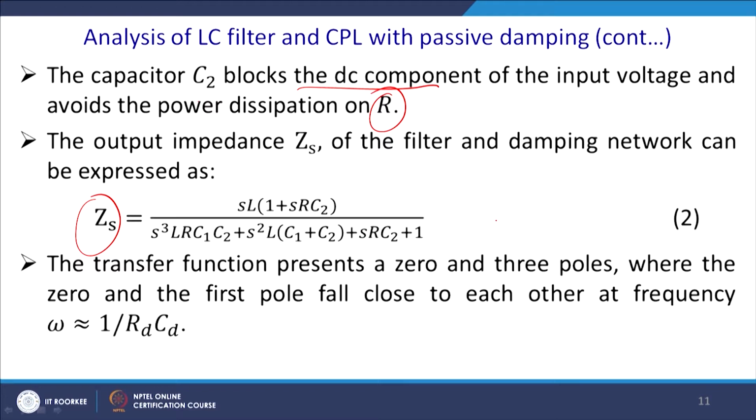The transfer function represents a 0 and 3 poles. So, here you got a 0 and 3 poles, where the 0 and the first pole lie close to each other at the frequency given by omega equal to 1 by Rd into Cd.